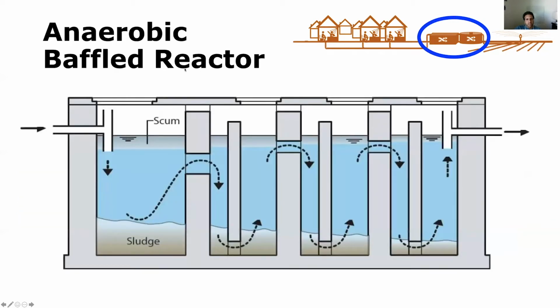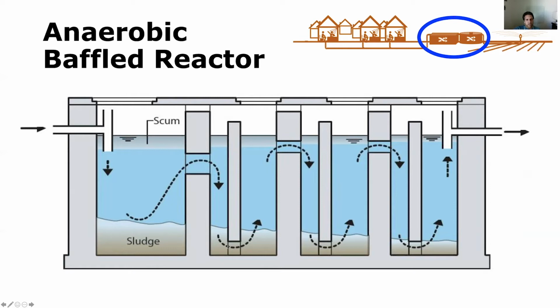The anaerobic baffled reactor utilizes different types of microbial communities that don't need oxygen, like fermenting bacteria, acetogenic, acidogenic, and methanogenic bacteria. They're converting, in a series of steps, that organic molecule, breaking it down into methane and CO2. And the methane can actually be captured and reused as a fuel source, or in some cases might just escape into the atmosphere.